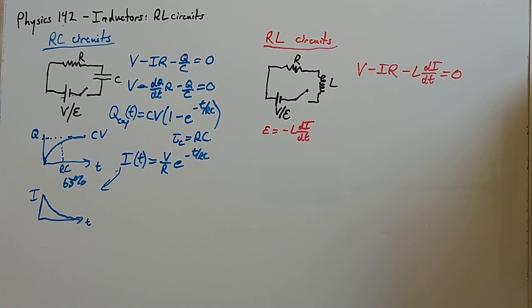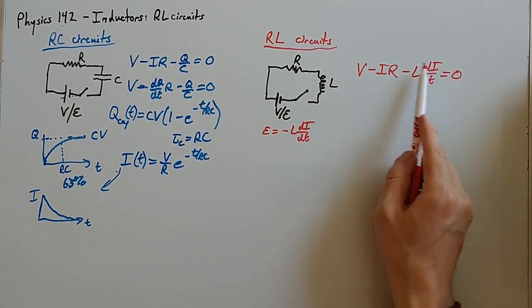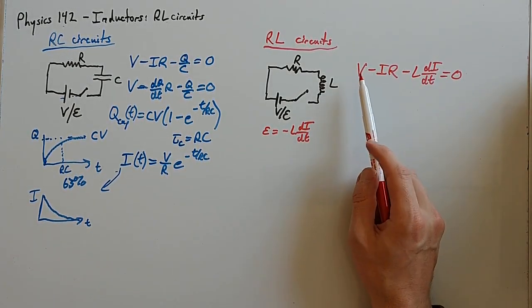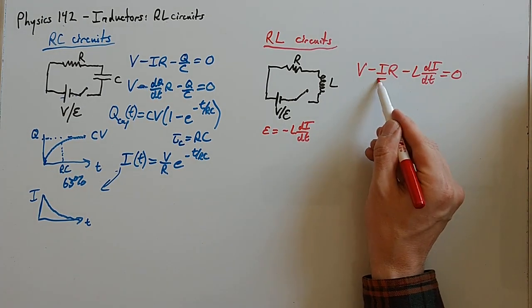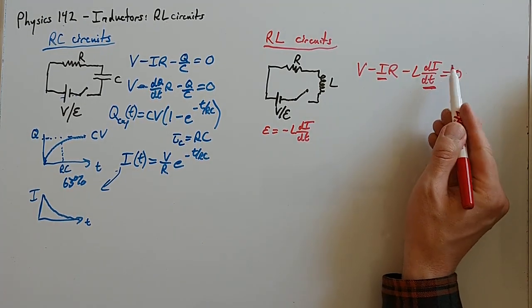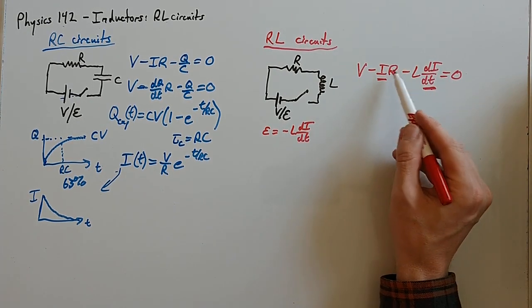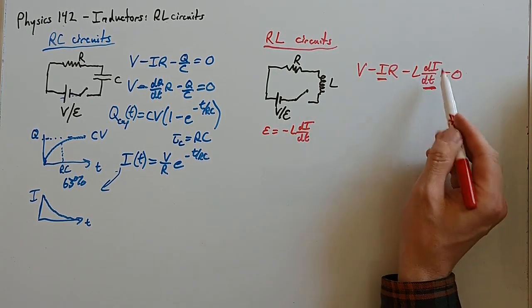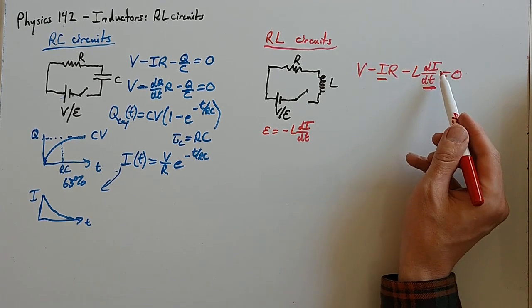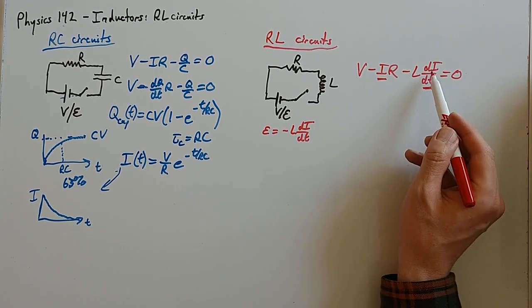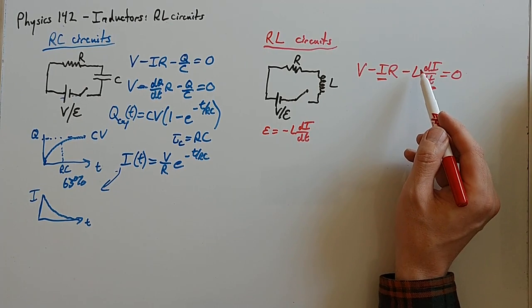I'd like to point something out to you here: this equation is again a differential equation. It has the amount of current I in it and the rate of change in the current, so it has a derivative and the function in it. So again, the solution must be some sort of exponential, something that when you take the derivative, you get the function back again.